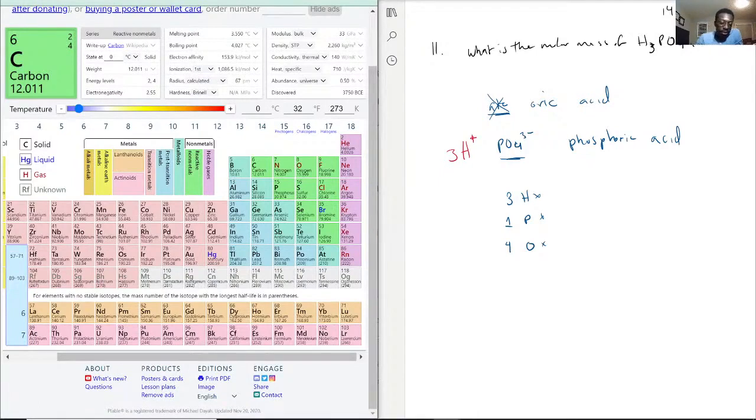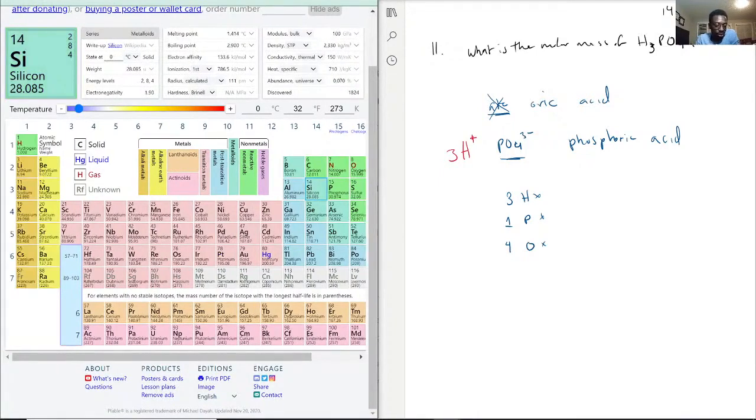For hydrogen, it's 1.008. For phosphorus, it's 30.974. And for oxygen, we have 15.999.